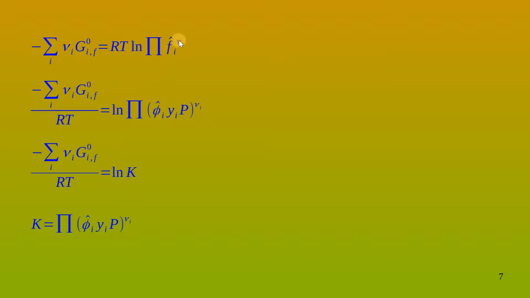Now for real gases, we can replace Fi cap with phi i cap yi P, where yi is nothing but the mole fraction of the species i in the gaseous reacting mixture. P is the pressure of the reacting mixture, and phi i cap is nothing but the fugacity coefficient of the species i. Now, if it's a cap, obviously it's the fugacity coefficient of species i in the mixture, not the pure species fugacity coefficient.